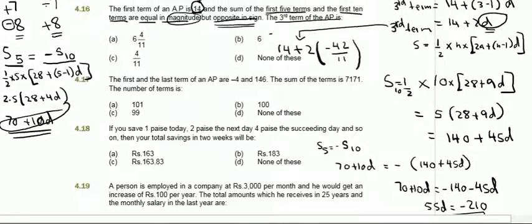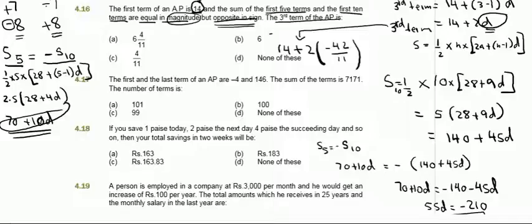So if you solve this, 2 into 42 is 84, 84 over 11. 84 divided by 11 is equivalent to 7.636, and 14 minus that. If you use your calculators and solve it, it will be equivalent to how much? It will be equivalent to a.